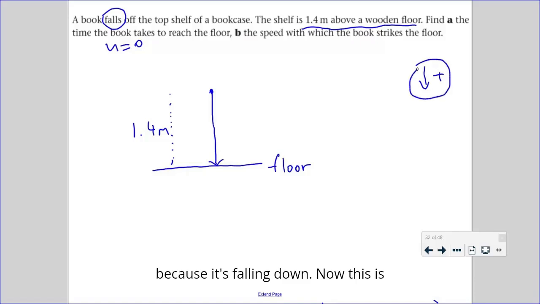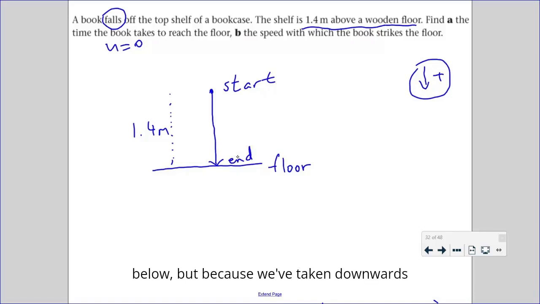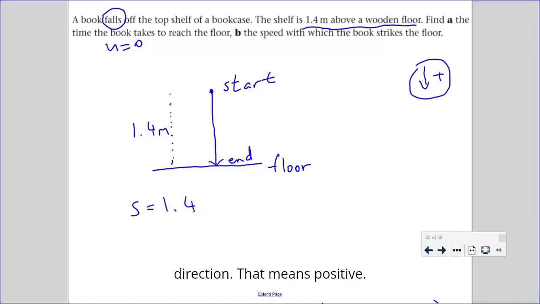This is your start, this is your end. Now, the 1.4 meters is the end, which is obviously below the start, so your displacement is below. Because we've taken downwards as positive and your displacement is down, S is equal to 1.4. Both of them are in the downwards direction, which means positive.